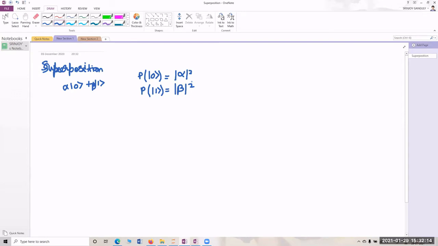Also, in mathematical terms, the quantum state zero, the qubit zero, can be represented by a column vector, one zero.